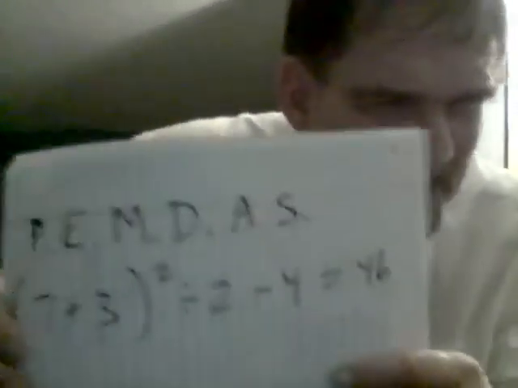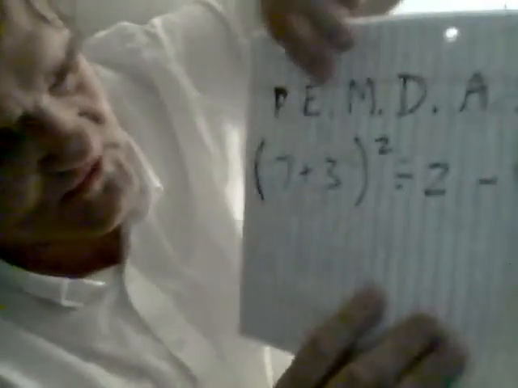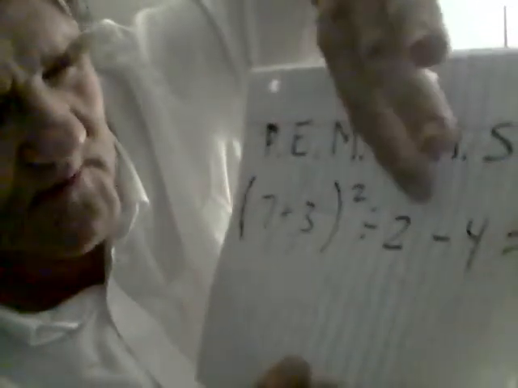Now, the ultimate in math before you really get into the big stuff. Are you ready? I know you've heard this before, but it's still a lot of fun. Here it comes. PEMDAS. I love to use that. I put together an equation. In parentheses, I got 7 plus 3, then to the second power, divided by 2, minus 4. Right? That's my equation.